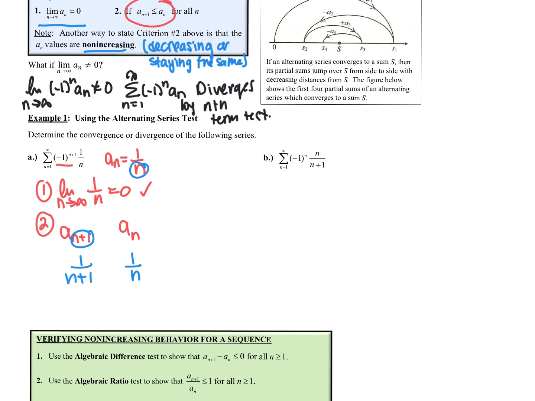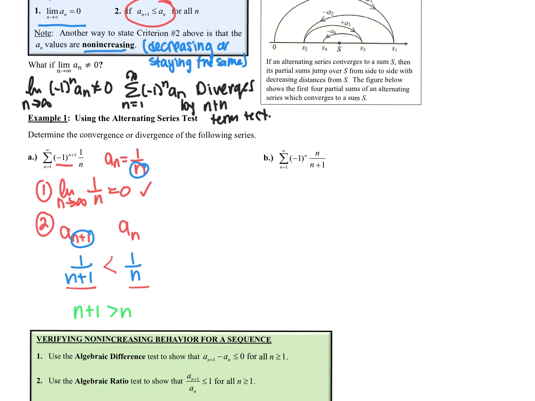And now this is actually really easy to compare because what happens here, n plus 1 is going to be bigger than n, right? Because it's the next term. And so the denominator over here is bigger than the denominator over here, which means that the fraction is smaller than this fraction. And that's exactly what we wanted to show.